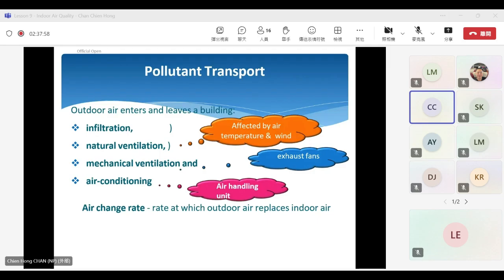So we need to properly design the mechanical ventilation and air conditioning systems, having sufficient air change, which means having sufficient outdoor air come into the building to replace the indoor air.